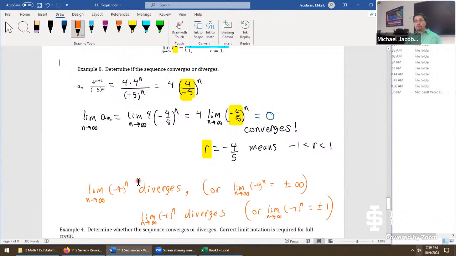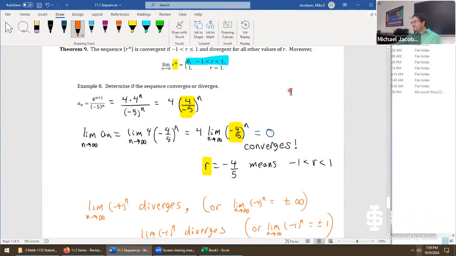The better answer is just diverges for both of these. They diverge for particular reasons. This one's shooting off in 2 directions. Some terms are getting large positive, some terms are getting large negative. But this one's diverging because the terms are just never settling down to anything. They're just purely alternating between a positive and a -1. But lots to say about this kind of stuff.